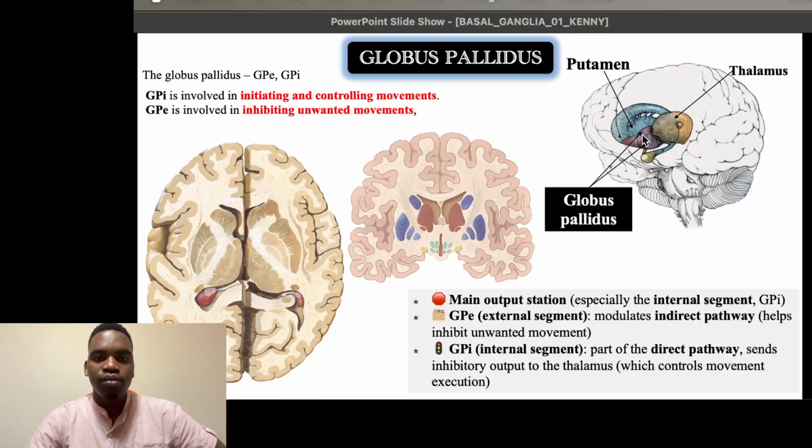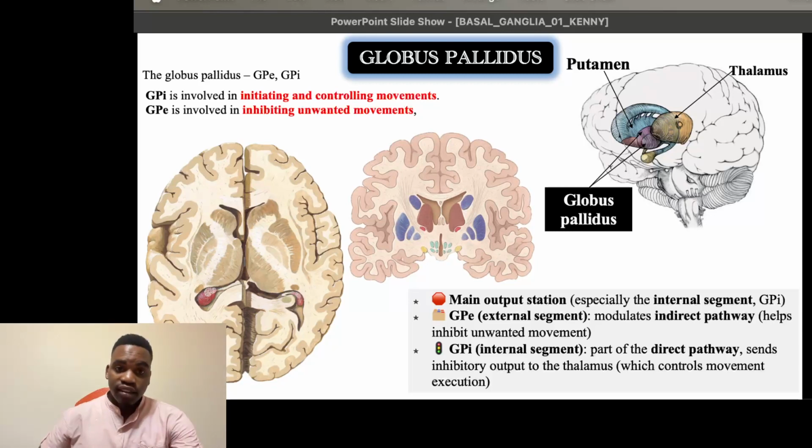The internal segment of the globus pallidus is important in initiating and controlling movement. The external segment is important in inhibiting unwanted movements.